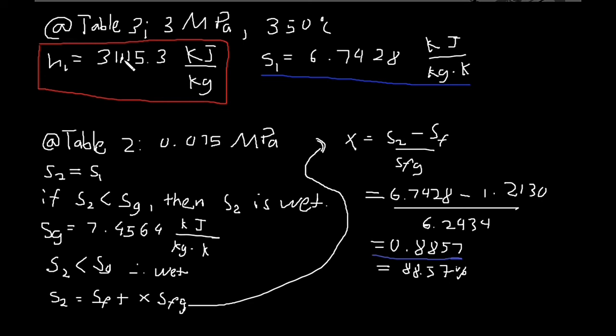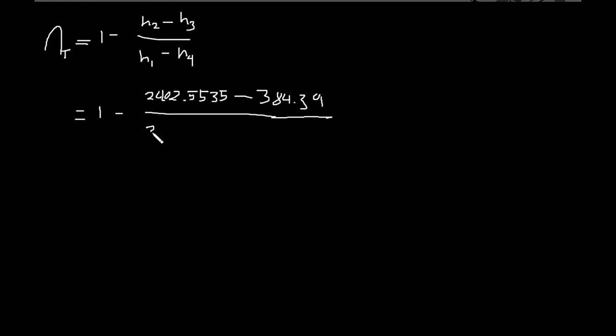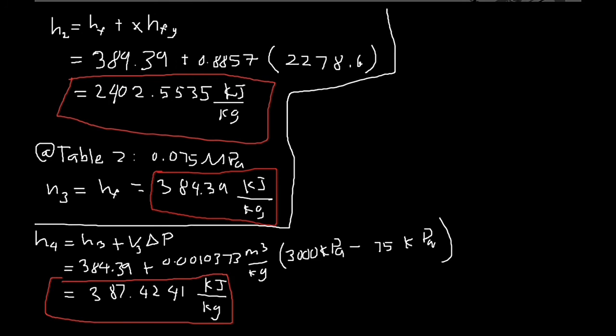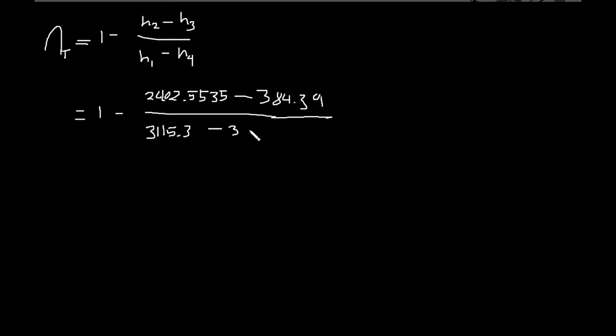H1 is equal to 3115.3 minus H4 here, 387.4241. And let's solve. We'll use our calculator.